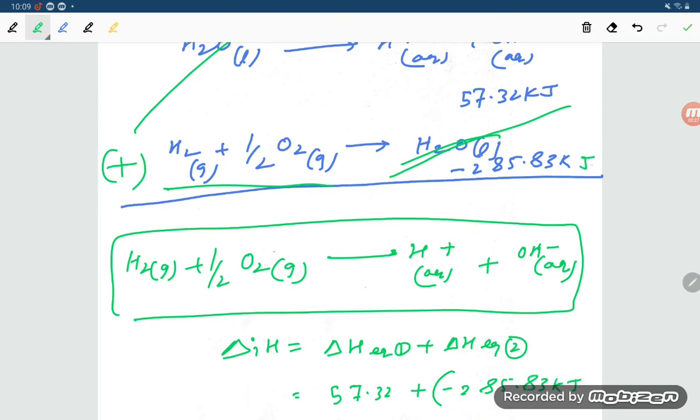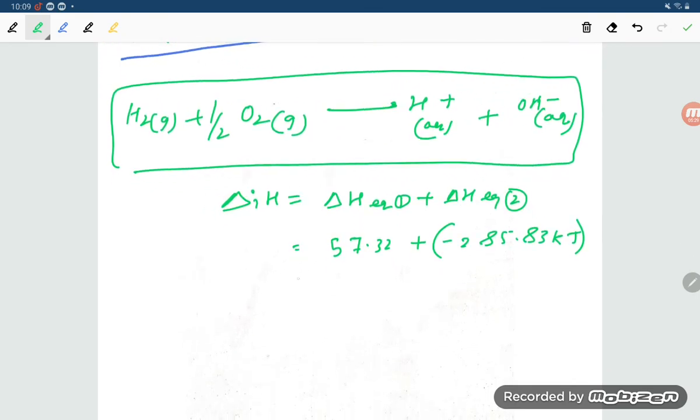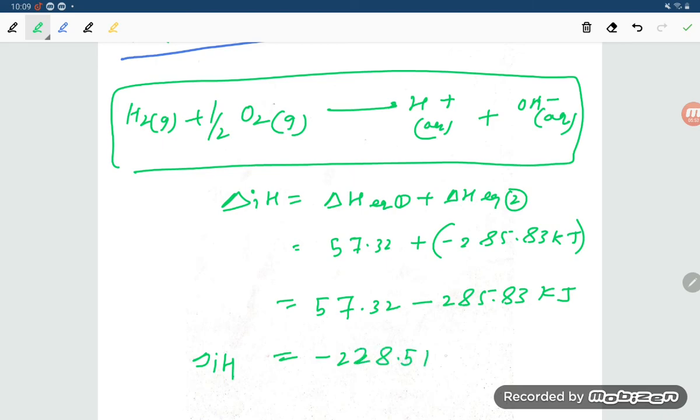Solving, 57.32 minus 285.83 gives minus 228.51 kilojoule per mole.